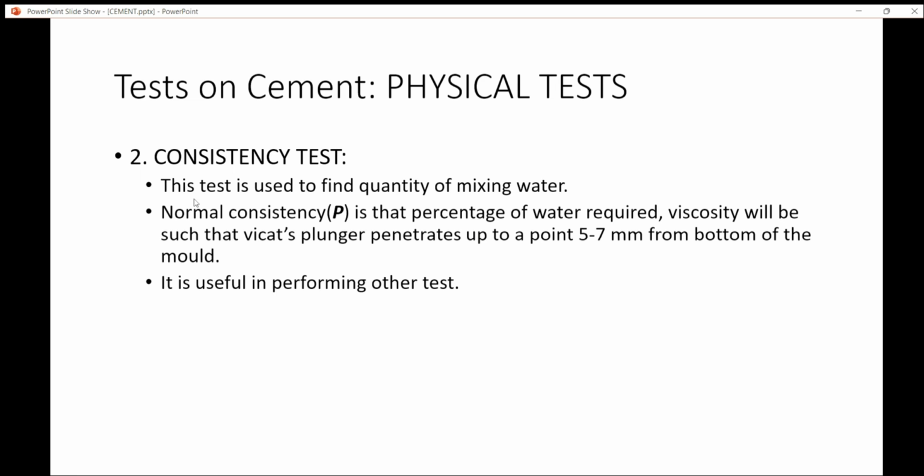Consistency test. The test is used to find the quantity of water to be mixed. Normal consistency is that percentage of water required such that the Vicat plunger penetrates up to a point 5 to 7 millimeter from the bottom of the mold. It is helpful in performing other tests.